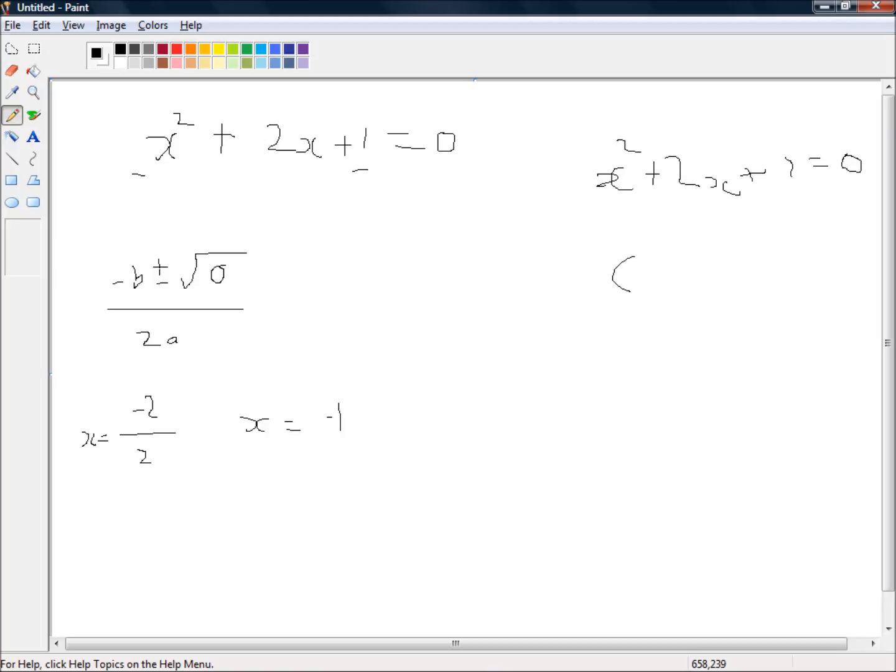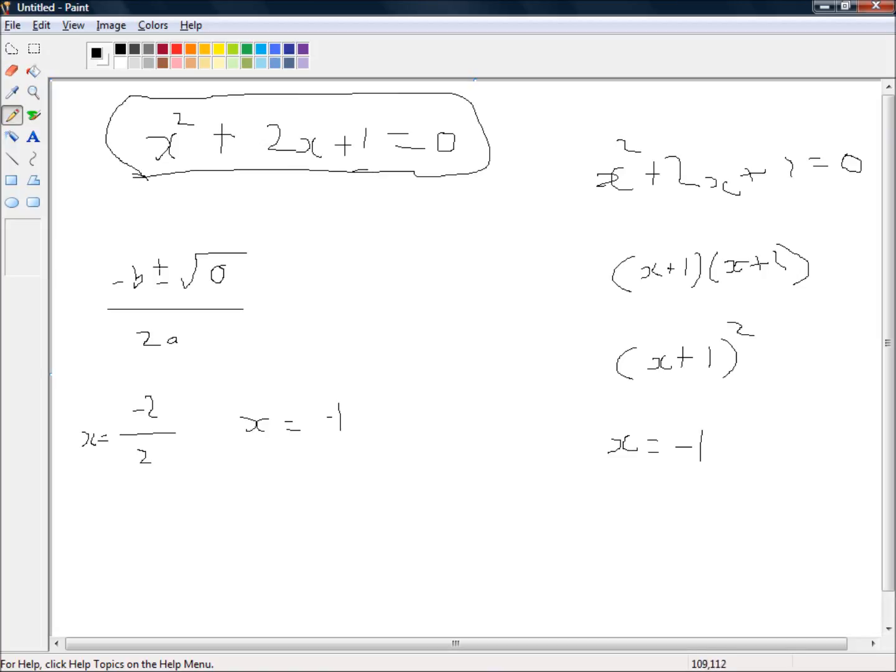So we've got x plus 1 into x plus 1. We could also write that as x plus 1 squared. So the only solution is x equals -1. When we have a quadratic equation like this that can be factored into just one expression squared, we call it a perfect square.